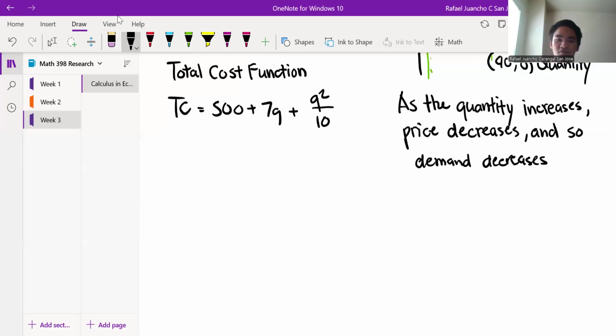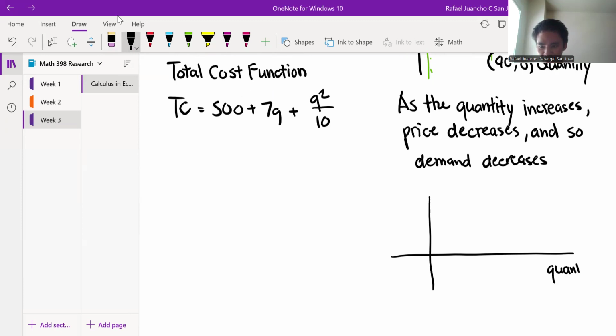Without even graphing it anywhere, Q is the quantity of pizzas. So I can say, this is Q for quantity, and here is the TC or total cost. Since this is a parabola and its slope is positive, it's concave up, so it will look probably something like this. Also because it's 500, probably like that.